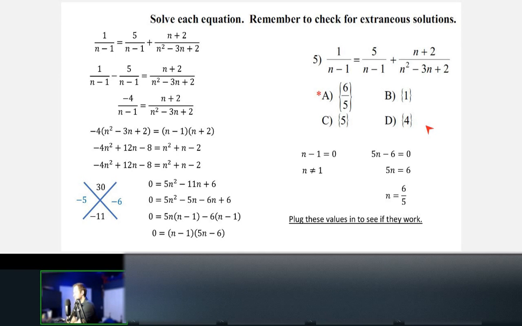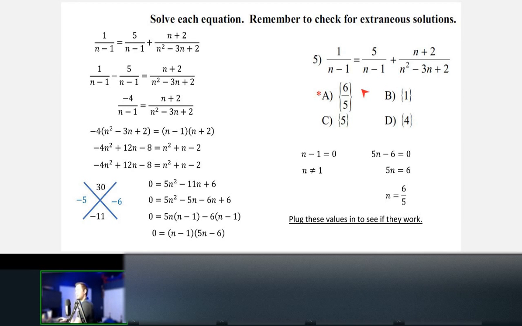It's multiple choice. Yeah, we could have plugged in the answers. We could have guessed and checked. It's multiple choice. We could have gone through all of them, A, B, C, and D, one at a time, and plugged them into n to see if you get a true statement.